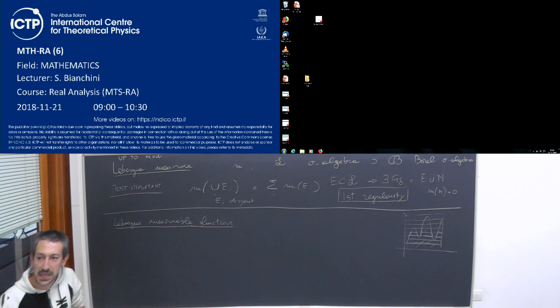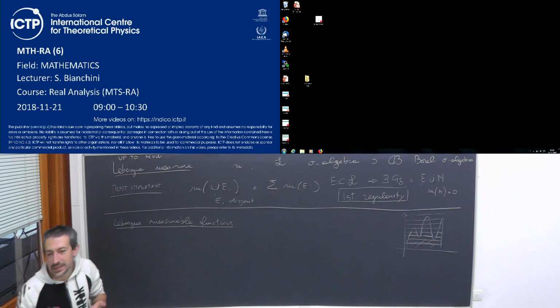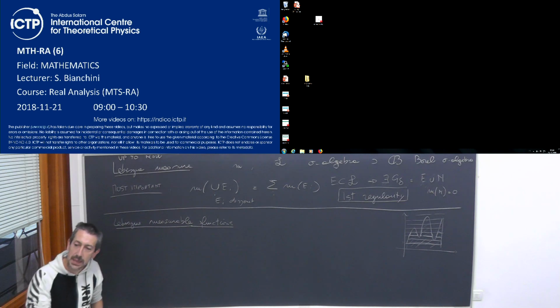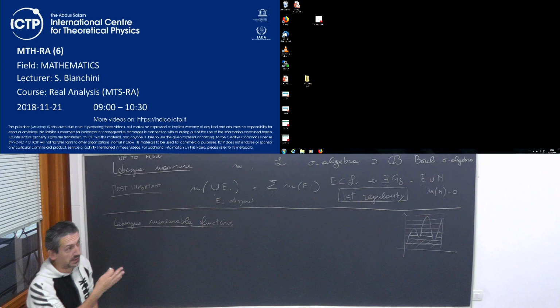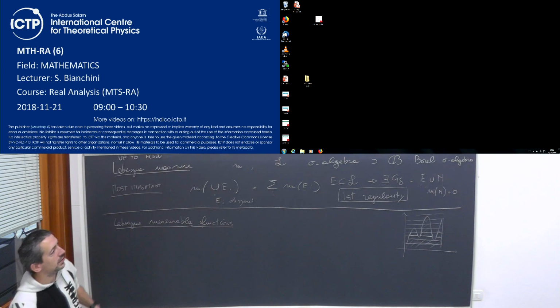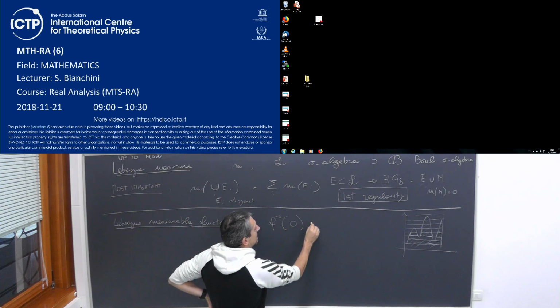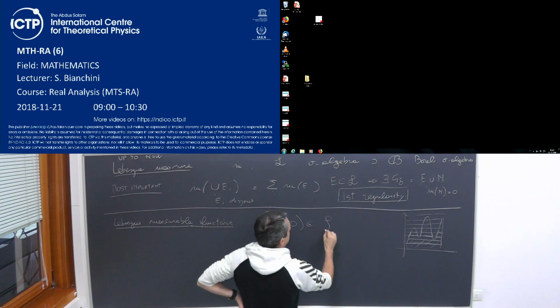But the problem is that I'm missing the linearity of the integral, and I'm missing even more. I cannot pass to the limit, I cannot do many computations, because I have to keep some properties. So from this one, essentially you say that f to the minus 1 of any open set belongs to the sigma algebra.